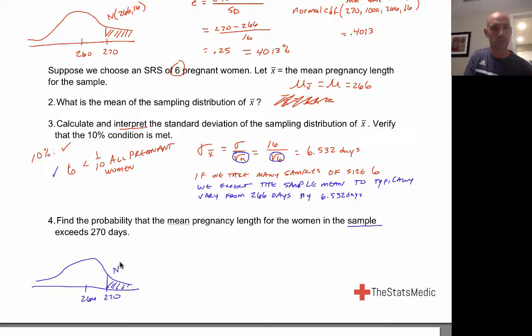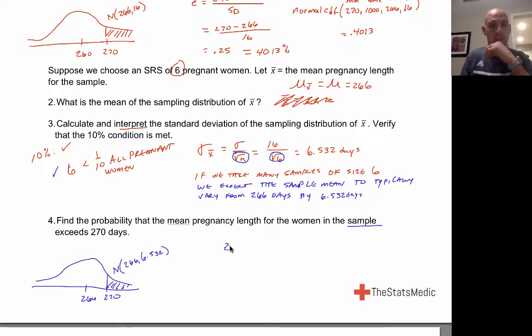This is important because we're not considering the same numbers. We're considering the 266, but our standard deviation is that 6.532, right? That's one of the important distinctions to draw when we're talking about a sampling distribution: what is the sample size, because that's going to affect our sampling distribution standard deviation.